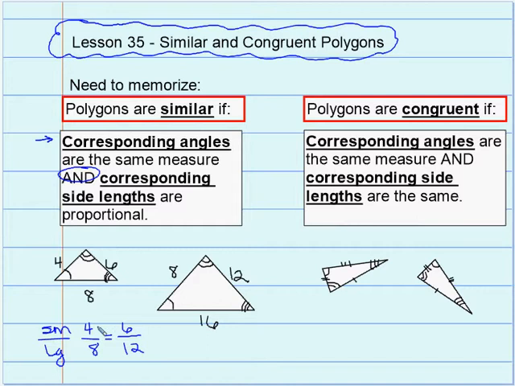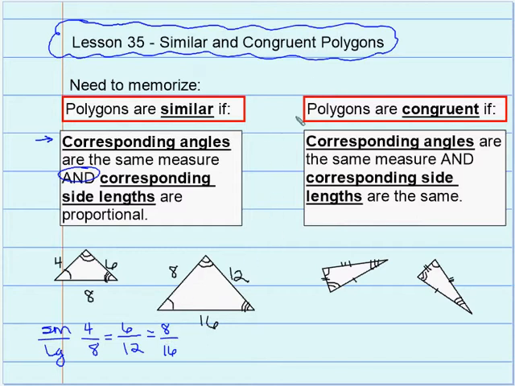Now remember, you can test by saying, can you multiply or divide across, or look up and down. So the small one is times 2 to get to the large. This is times 2. So does that work with the other side length, 8 over 16, times 2? Yes, so these are similar polygons.